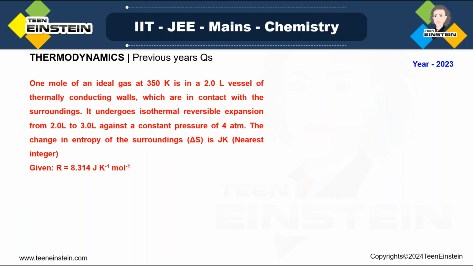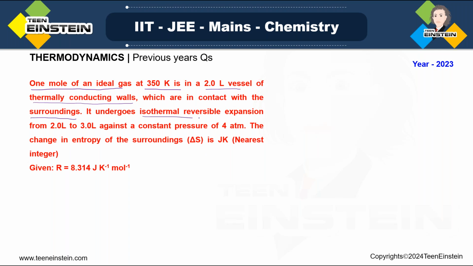1 mole of an ideal gas is at 350 Kelvin in a 2-liter vessel, and this vessel has thermally conducting walls. That means heat can pass, and it is in contact with the surroundings.